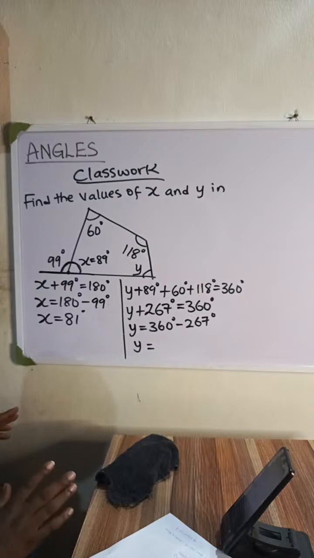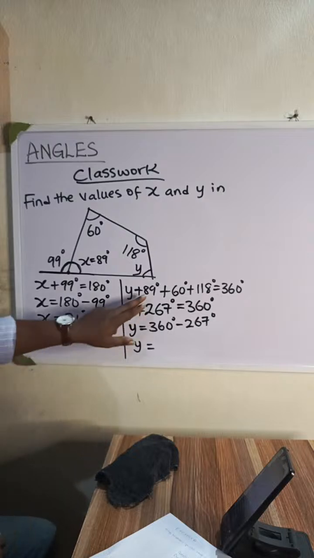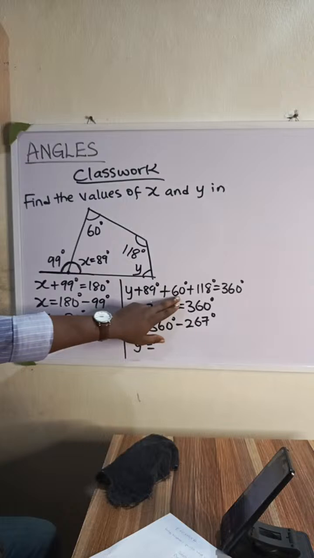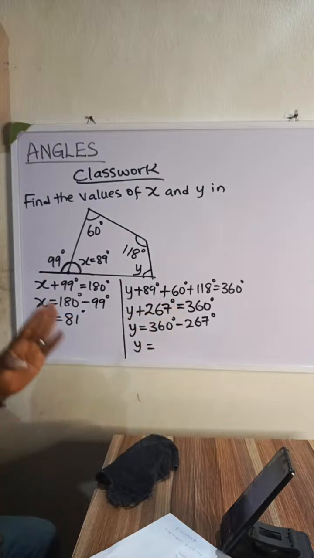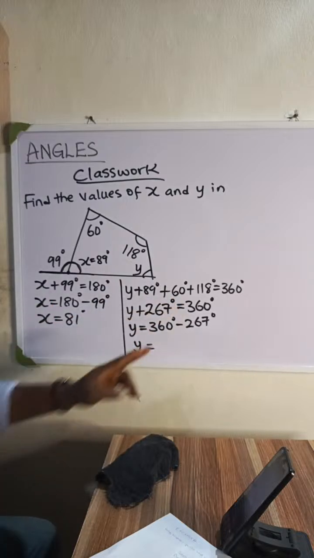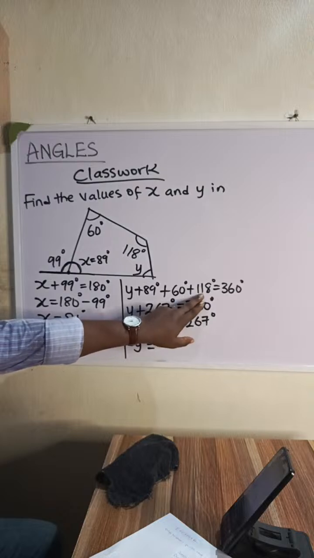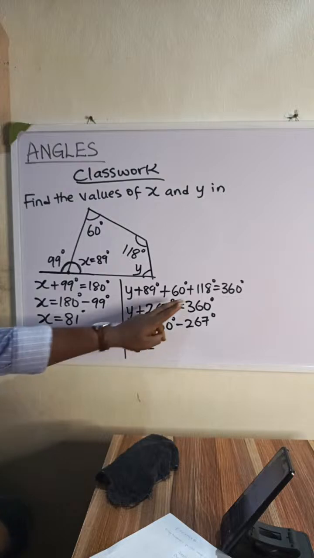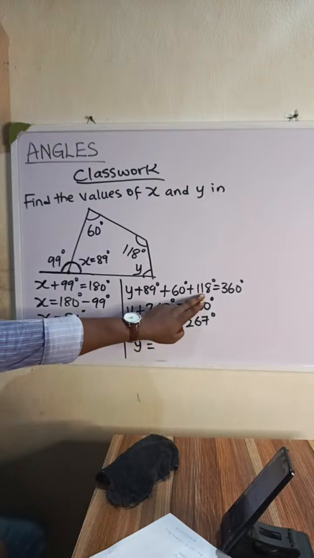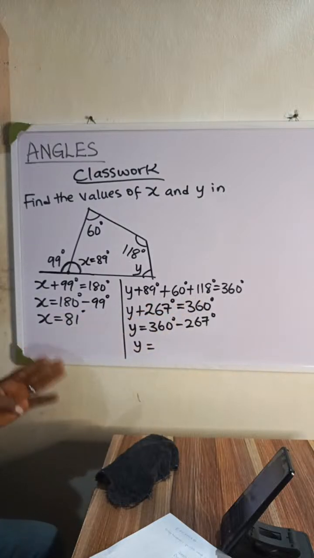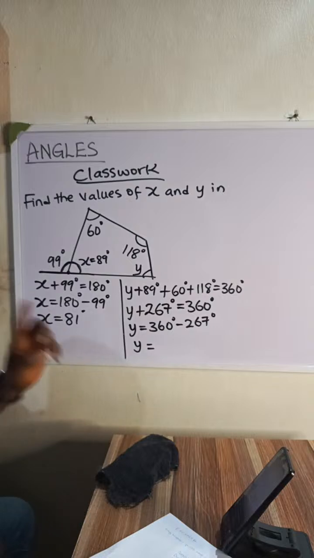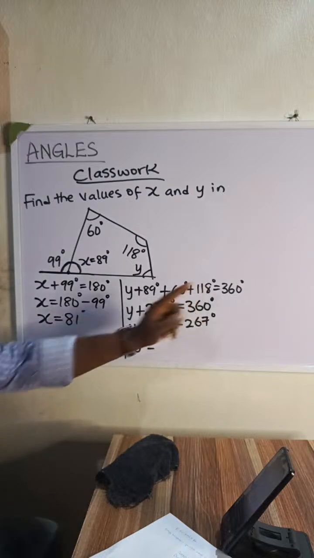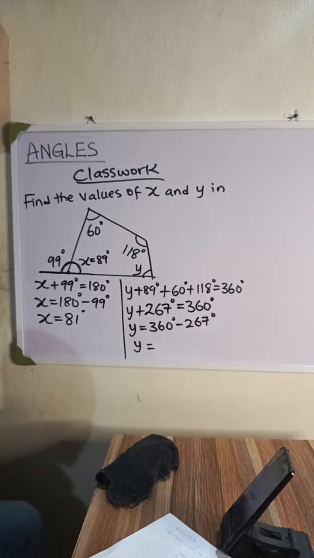Wait, though. Let's take it easy. 89 degrees plus 60 degrees is 149 degrees. 149 degrees plus 100 is 249 degrees. 249 degrees plus 10 is 259 degrees. 259 degrees plus 8 is 269 degrees.